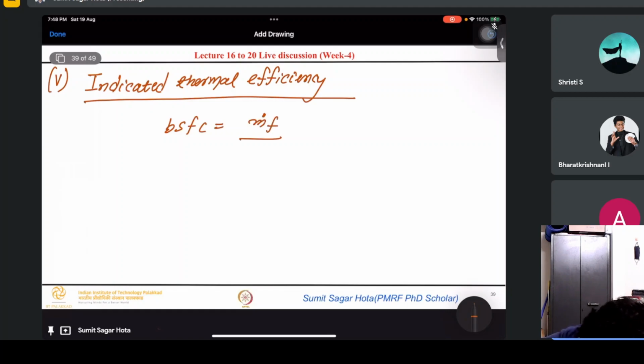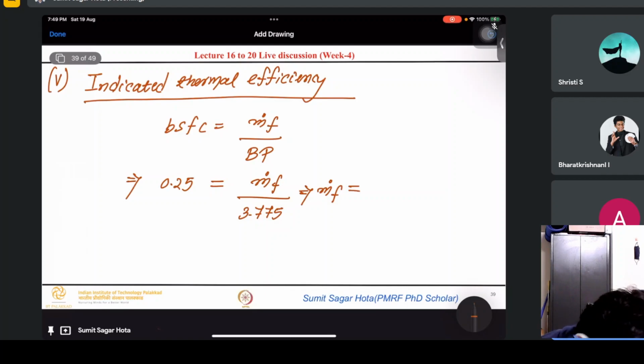M dot F by brake power. Okay, all things are given, just substitute 0.25. Okay, M dot F, 3.775, M dot F equal to 2.516 10 to the power minus 4 kg per second.